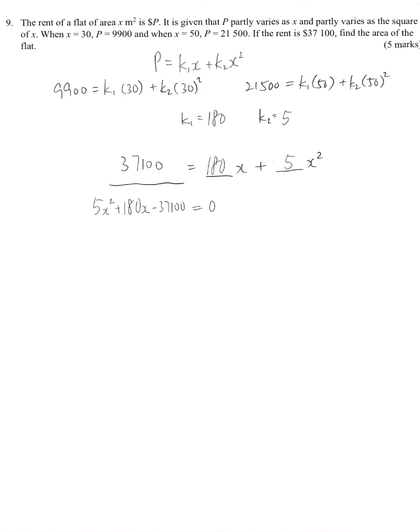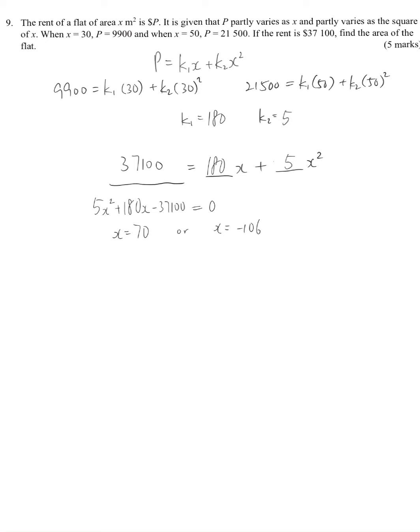So a is 5, b is 180, and c is negative 37100, and the first answer that you get is x is 70, and the second answer you get is x is actually negative 106.